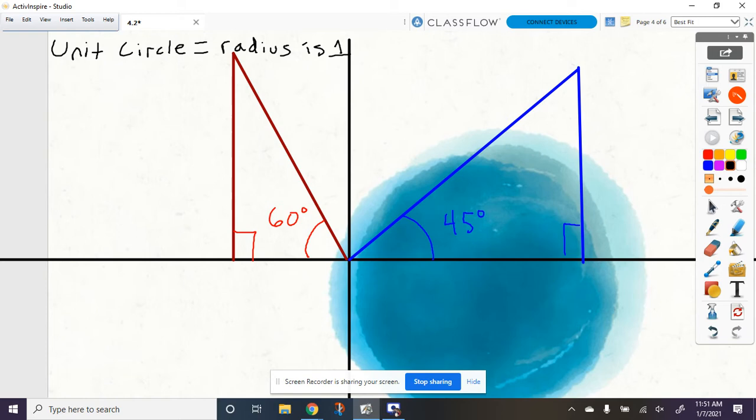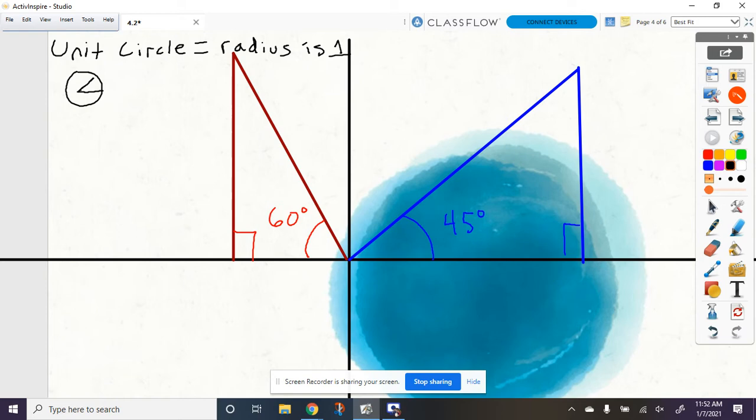So that means that if we're looking at the unit circle, our center would be at the origin. So anywhere that I were to draw a triangle, my hypotenuse is going to be 1 because the hypotenuse would be the radius. Are y'all with me?